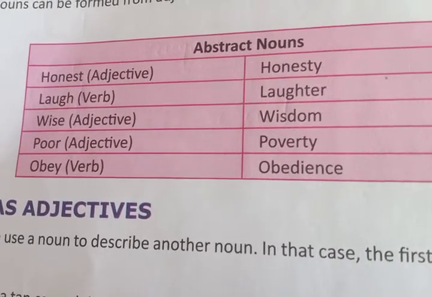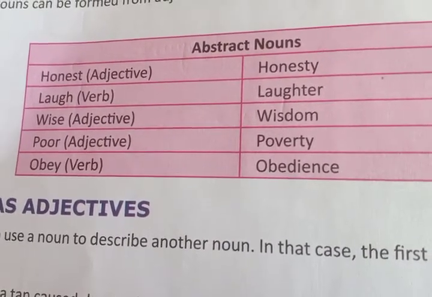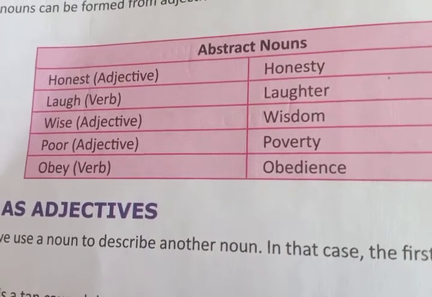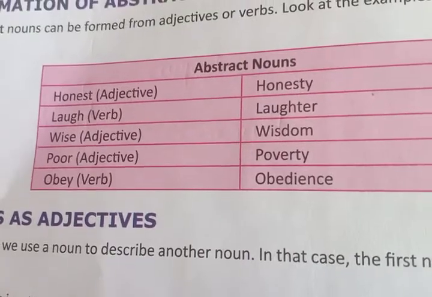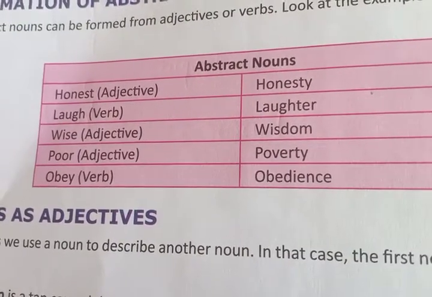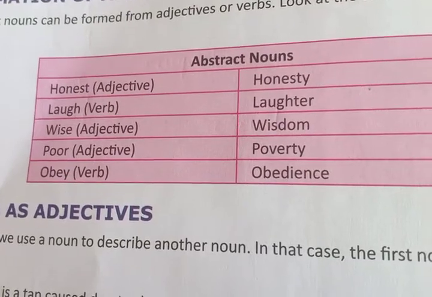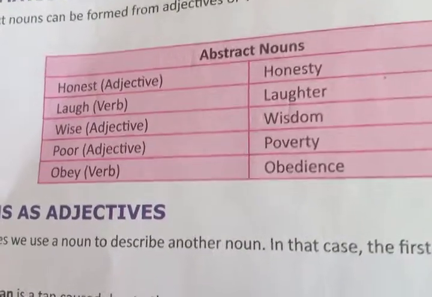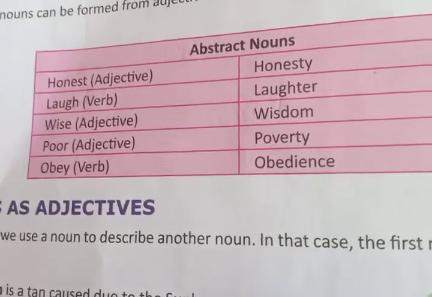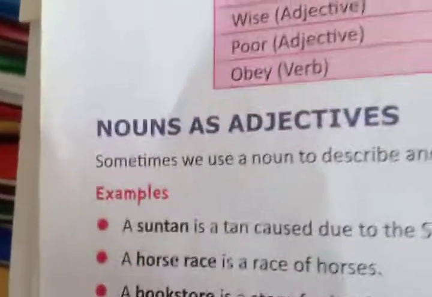Laugh, which is a verb, if we make it into abstract noun, becomes laughter. Wise, which is an adjective, if we turn it into abstract noun, becomes wisdom. Poor, which is an adjective, becomes poverty. Obey is a verb, if it is turned into abstract noun, becomes obedience.